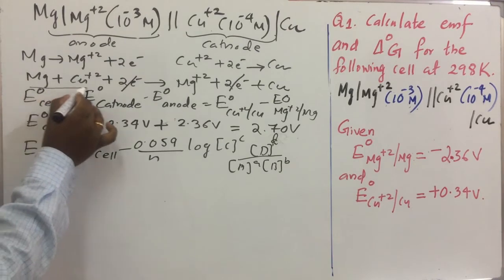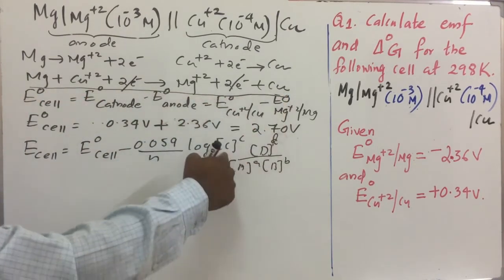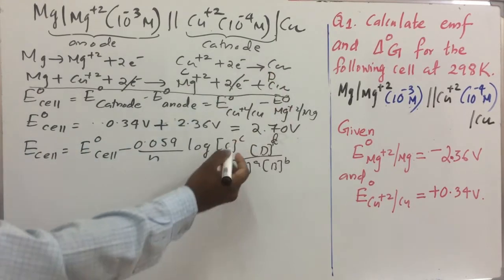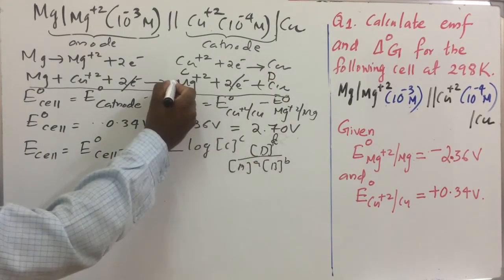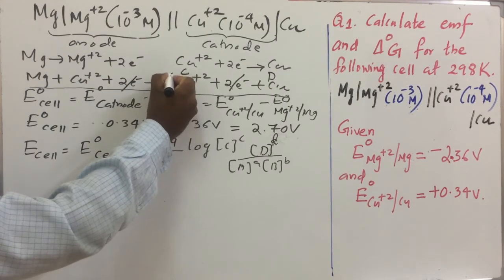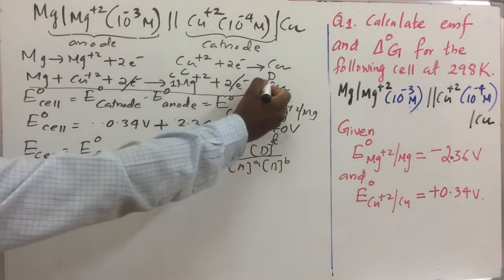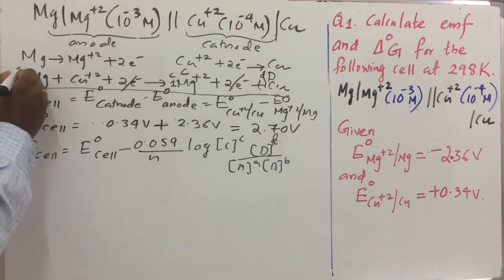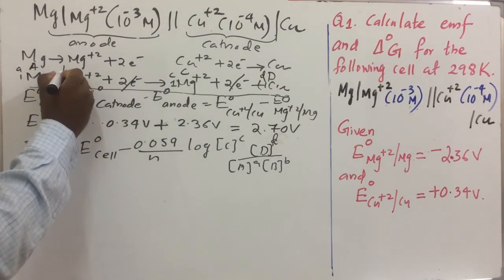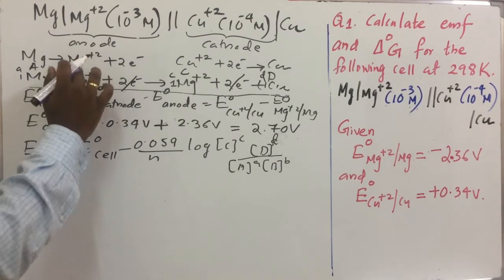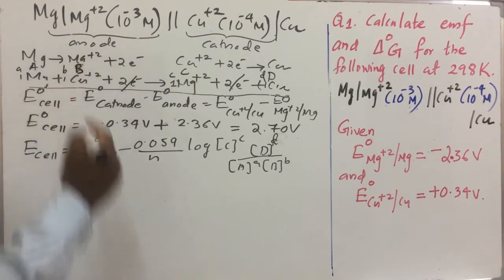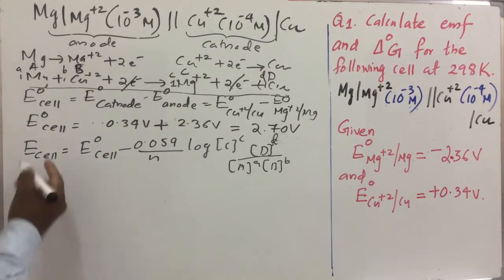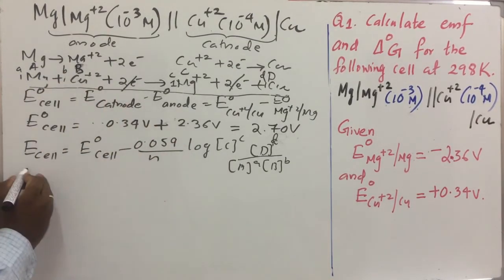Let's see this equation: C is Mg+2 with coefficient 1, so small c is 1. D is Cu with coefficient 1, so small d is 1. A is Mg with small a equal to 1. Capital B is Cu+2, and small b is coefficient 1.